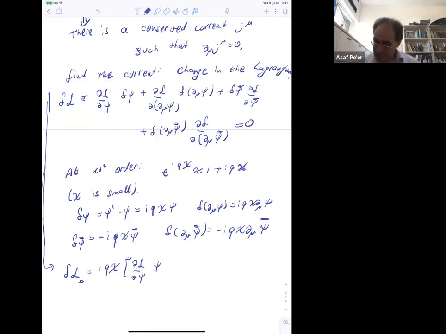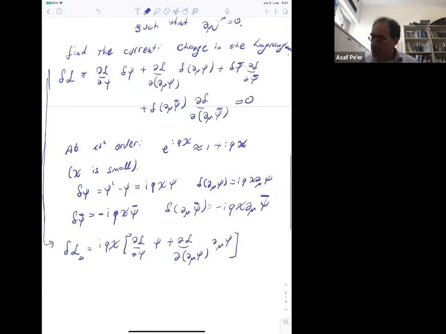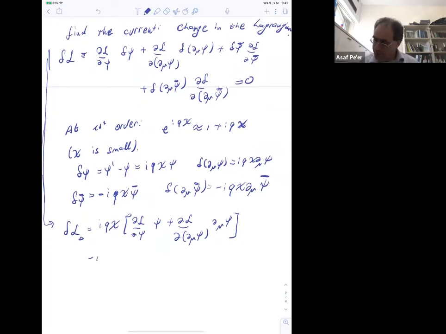And then plus dL over d(d_mu psi) times d_mu psi, that's the second term. And then the third and the fourth would be similar, but of course with a minus: minus i q chi, psi bar dL over d psi bar plus d_mu psi bar dL over d(d_mu psi bar). Which, as we stated, is 0.